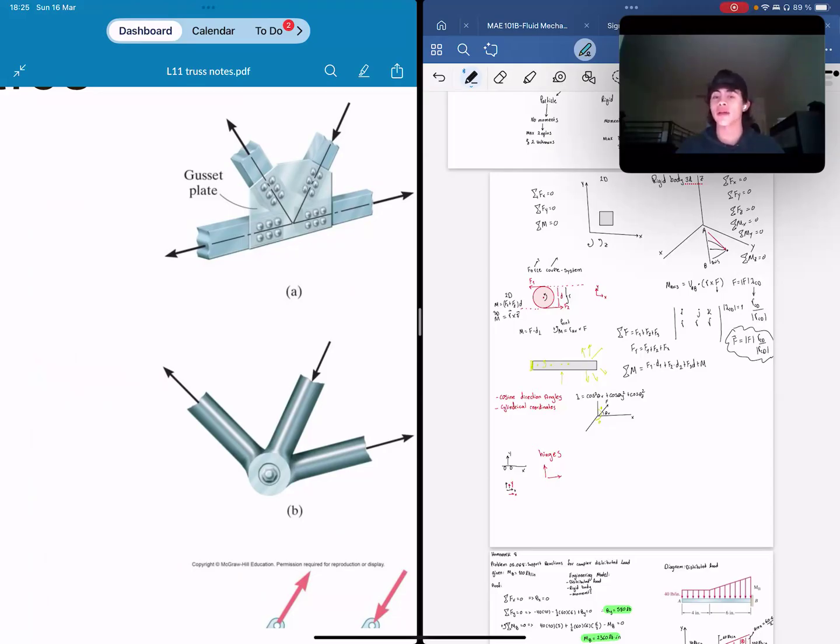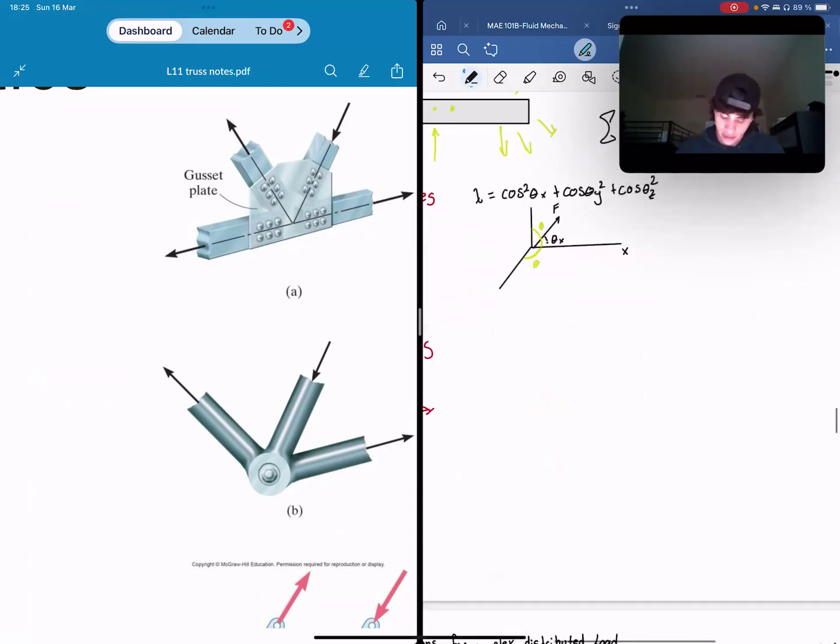So if there's a force on the left axis, up, so right here, if there's a force here, a force here, and a force here, and this is part of a truss member, that joint, we call it a joint because it joins all the members right there, should be at equilibrium in the X and Y direction, right?